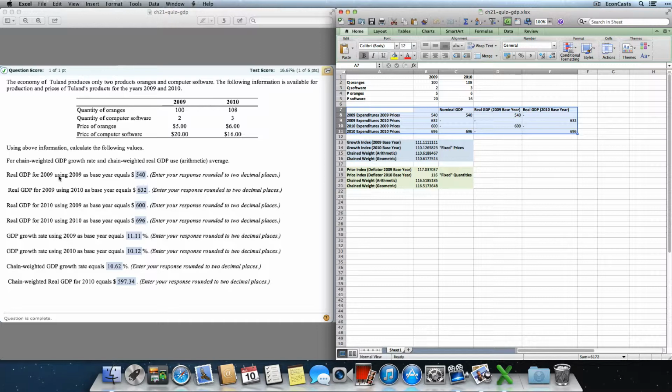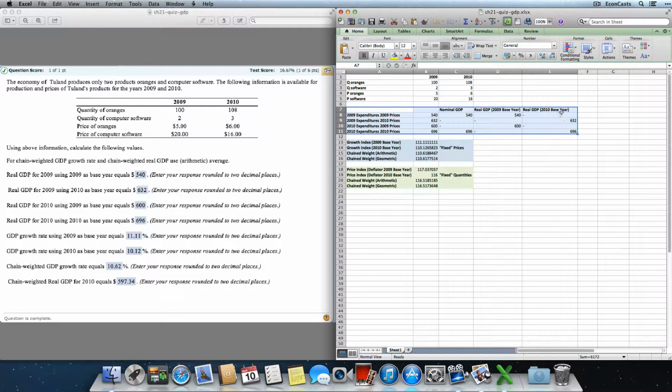Real GDP for 2009 using 2009 as the base year is simply our real GDP with 2009 as the base year for our 2009 expenditures. That is not using the 2010 prices. Again, that's using 2009, so it's simply 540. Real GDP for 2009 using 2010 as the base year will be 632.